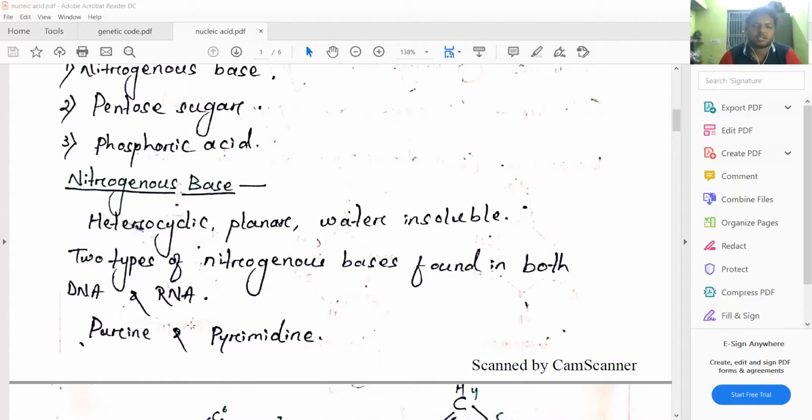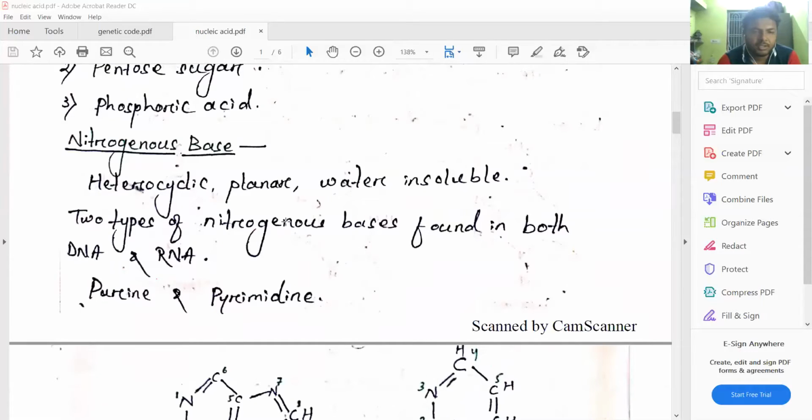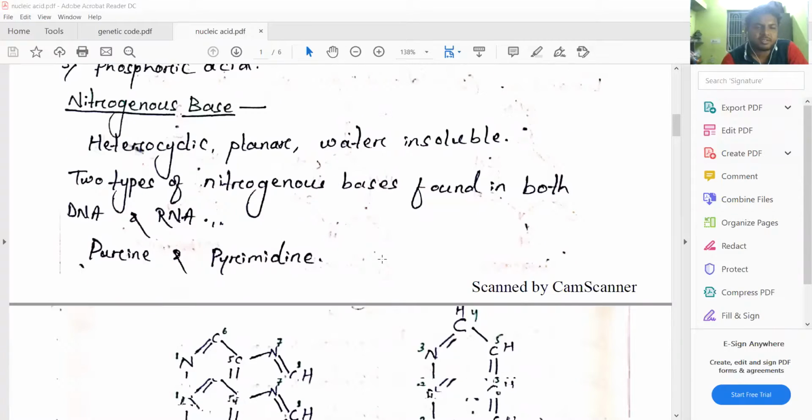The Chargaff rule states that the sum of purine bases in a particular nucleic acid, whether DNA or RNA, is equal to the sum of pyrimidine bases. Both purine and pyrimidine bases are there in DNA as well as in RNA. Coming to the common basic structures of purine and pyrimidine.